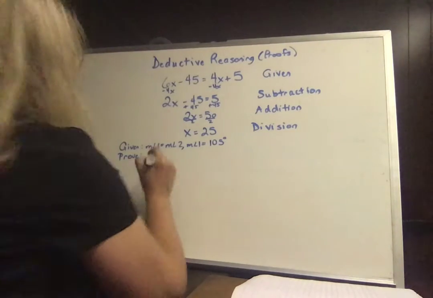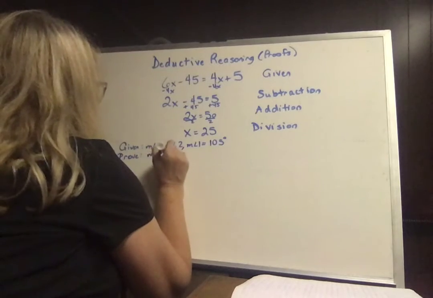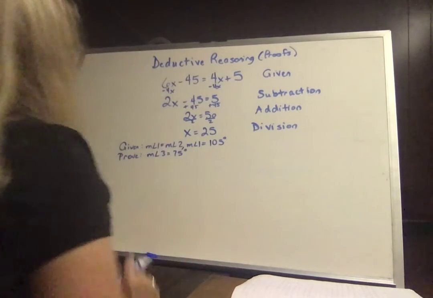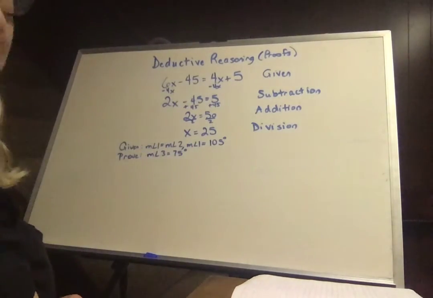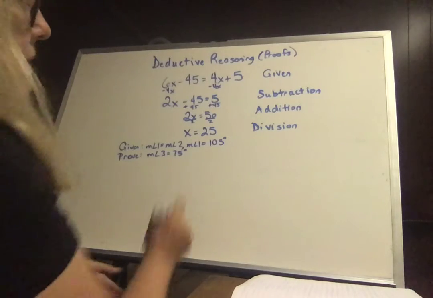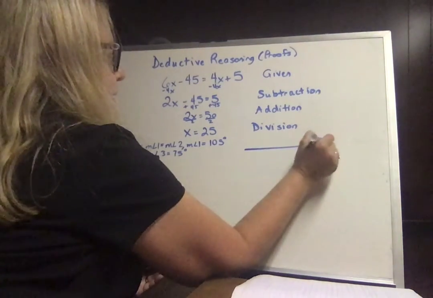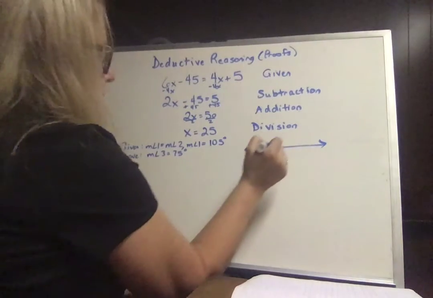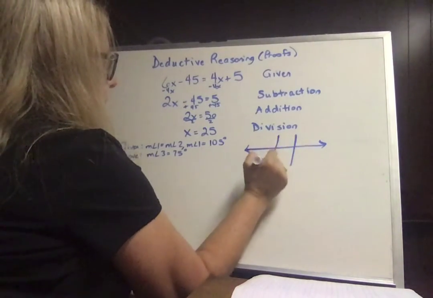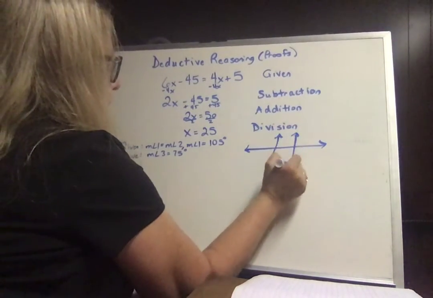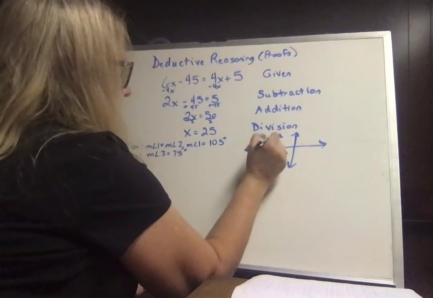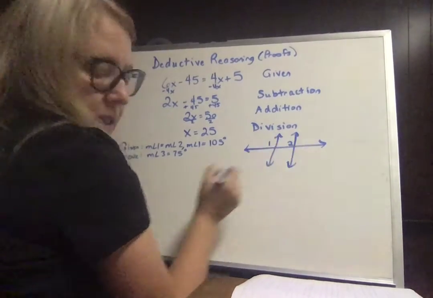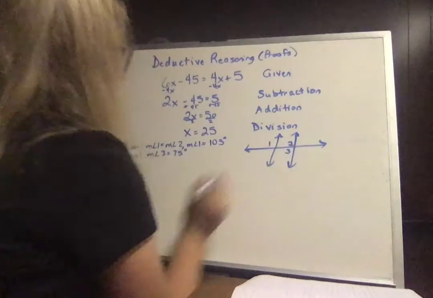We want to end with the measure of angle 3 equals 75 degrees. But that doesn't say much by itself, so what helps, and they almost always do, is a visual of the situation. Here's angle 1, here's angle 2, and here's angle 3.